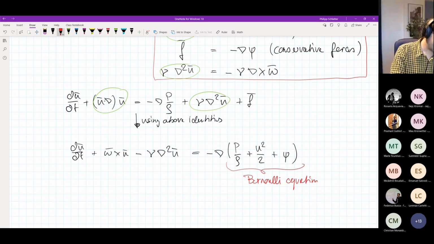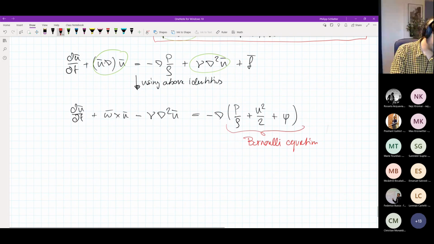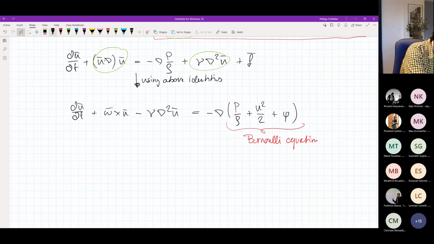The next step in this derivation would now be to actually, if we call this equation number 1, the next step would be to calculate the curl of these equations. So we do nabla cross this equation number 1. And of course, that would mean that I would now take nabla cross of the first term of the time derivative.